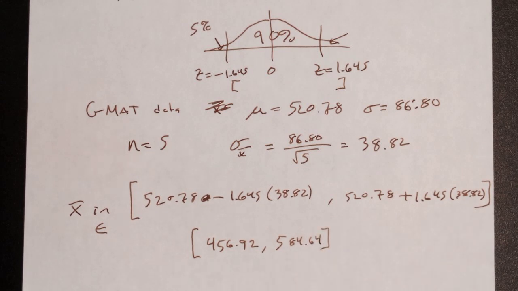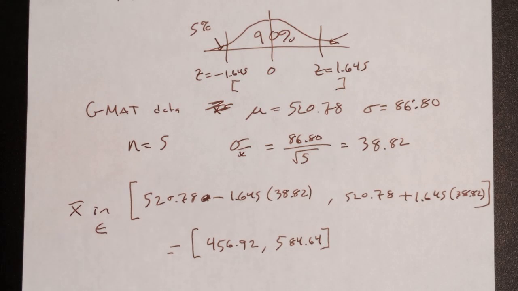Same idea. So if I take a sample of size 5 from the hundreds, thousands of students, I'd be able to tell you this is where 90% of the time I should be in here.